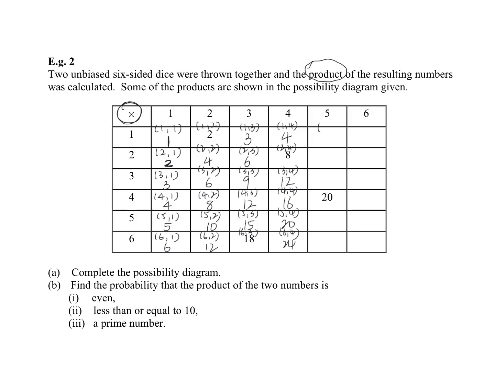Okay, keep doing this. They give you 2 marks for completing the possibility diagram.